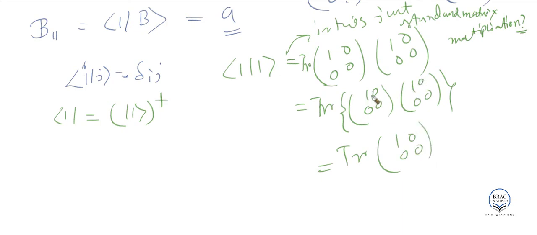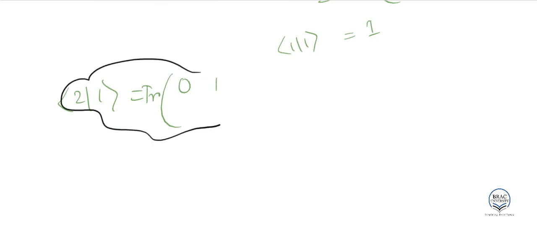Yeah. So this is 1, okay, that's correct. This is 0 0, yeah, this is correct. And if you just take the trace, this is 1, so that's good. And what about ⟨2|1⟩? Again you have to write the trace, and you put a 1 over there because that's how |2⟩ was represented.